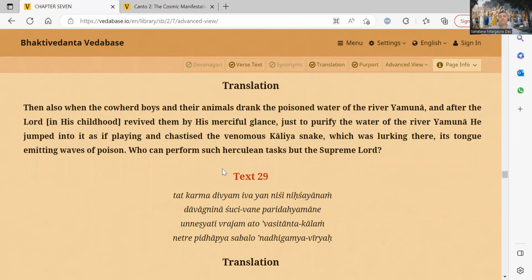Who can perform such a Herculean task but the Supreme Lord? Beautiful Leela, the Kalia Leela. If you go to Vrindavan, don't miss the Kalia Ghat, where we sit and discuss the Kalia Leela itself, and the various Krishna Leelas. Again, Kalia Leela is very, very sweet and beautiful.